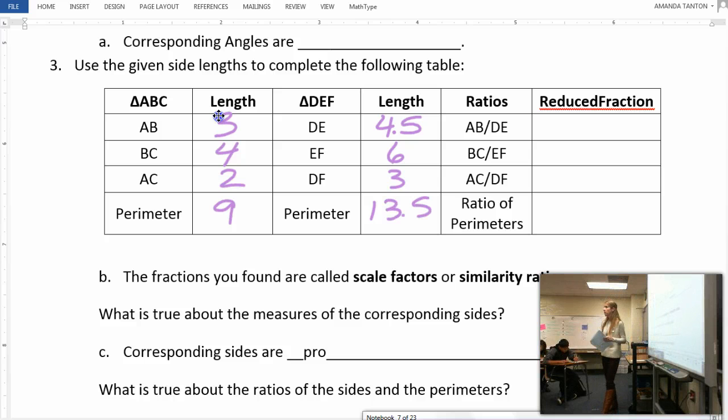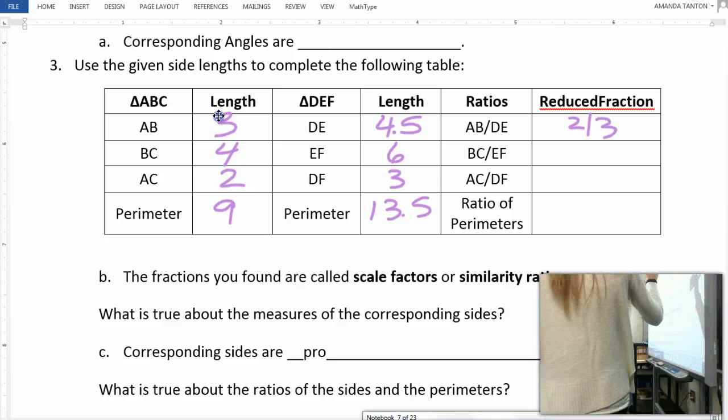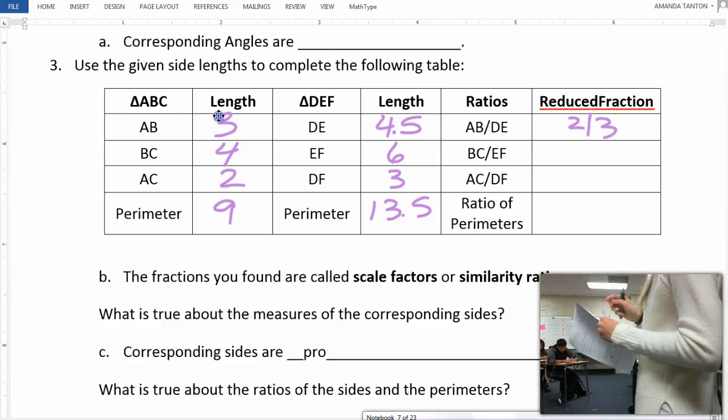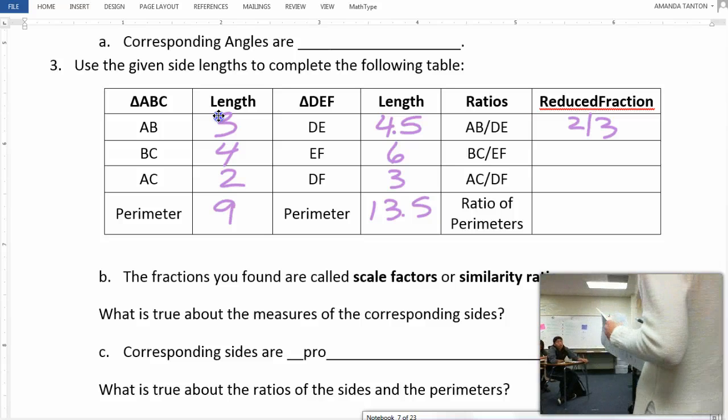All right, here we go. Are you ready? I'm going to call on you for the ratios. Jared, what is the ratio of AB to DE? 3 divided by 4.5. I got 2/3. Okay. Renaud, what is the ratio of BC to EF? 2 to 3.